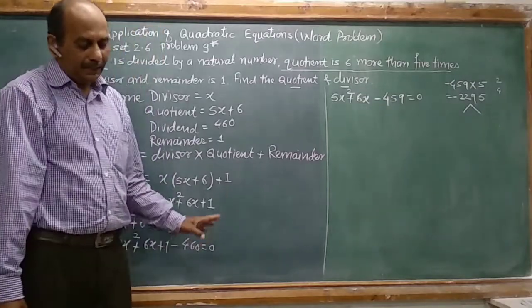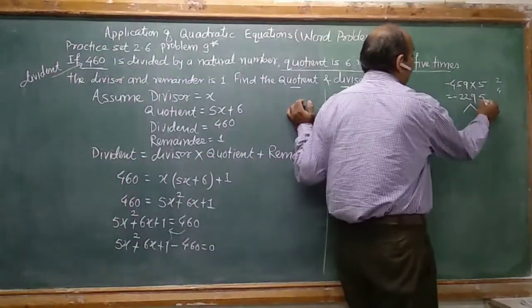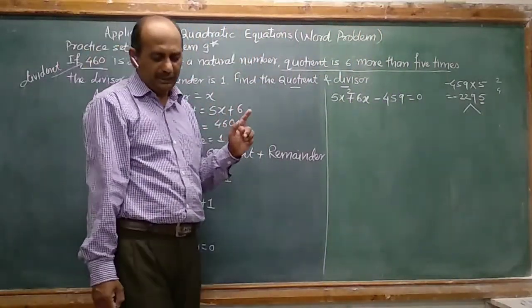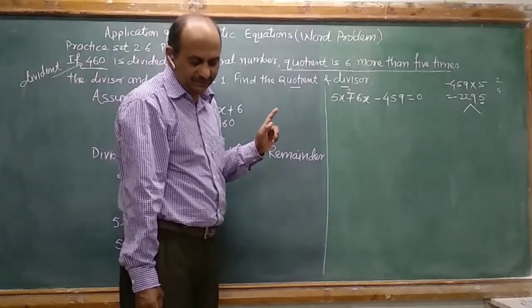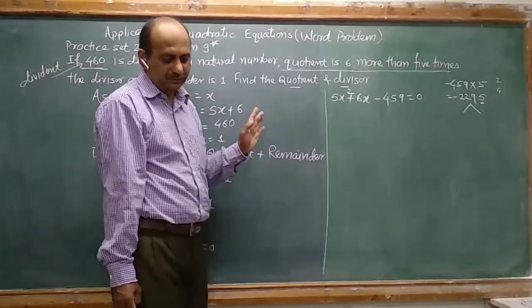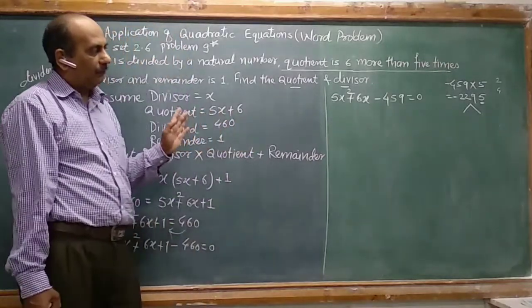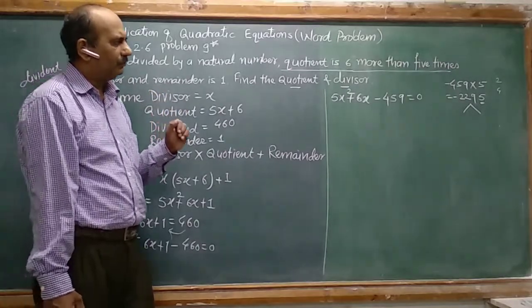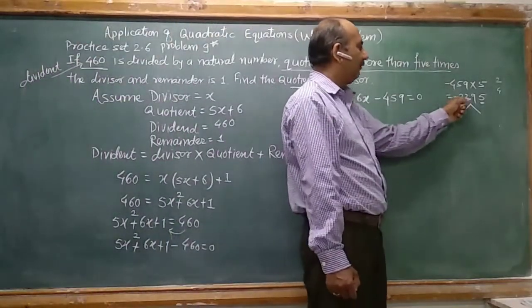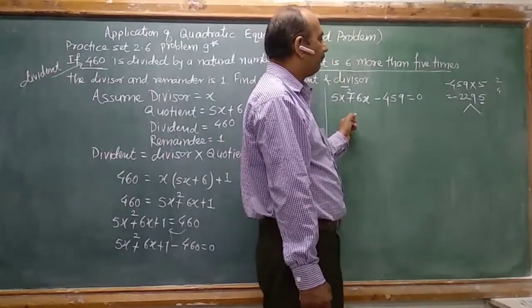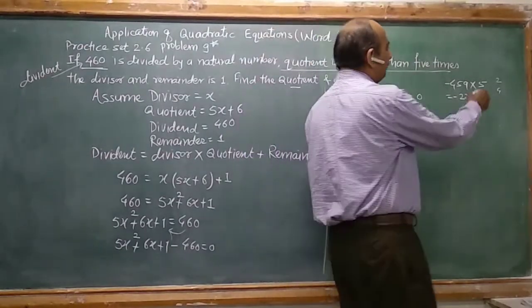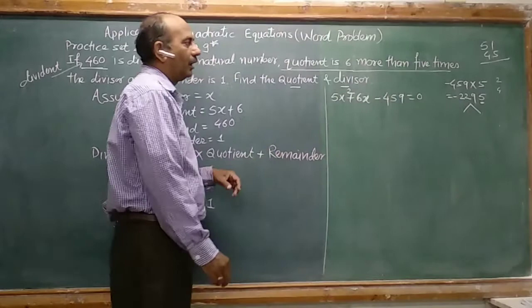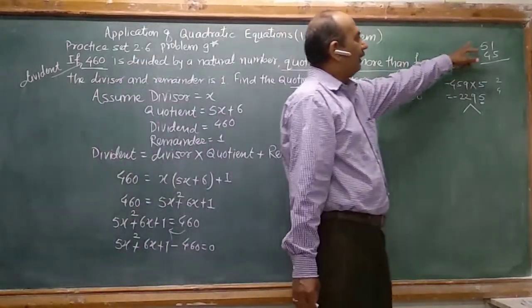So here, at the end, just see the last number. The last number is 5, which means one of the numbers must be 5. 5 fours are 20. Then consider 51 and 45.